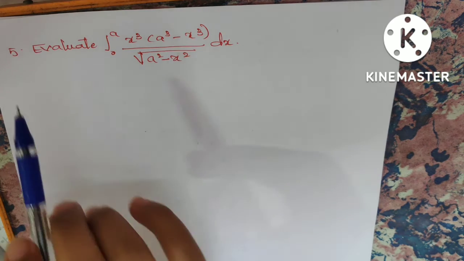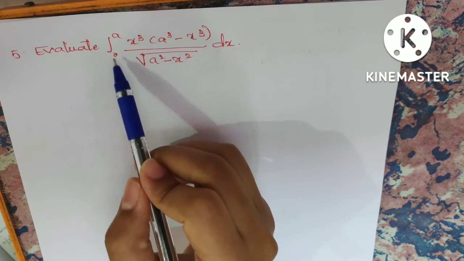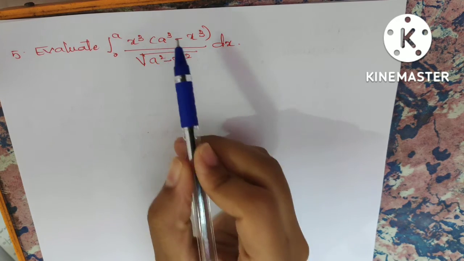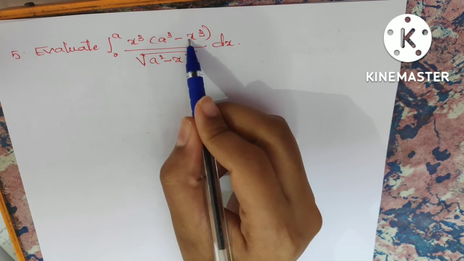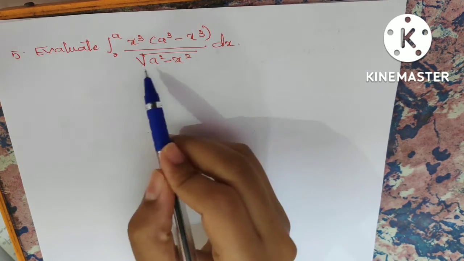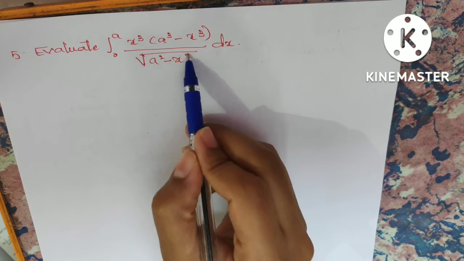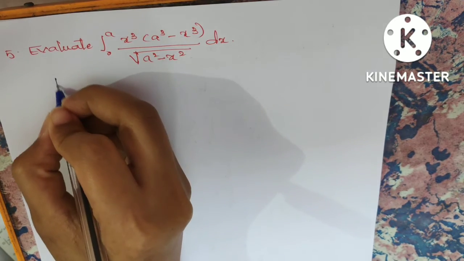Next example. Evaluate integration from 0 to a of x cubed into (a cubed minus x cubed) divided by square root of a square minus x square into dx.